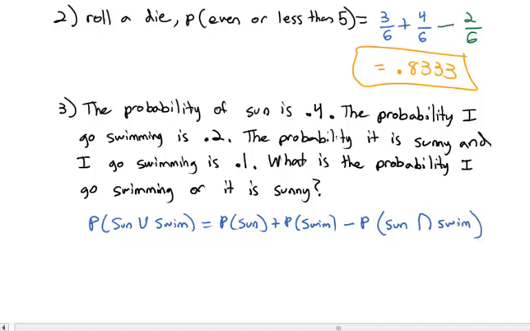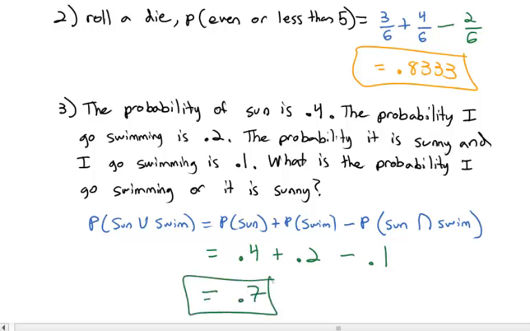So the sun probability is 0.4 plus the swimming probability of 0.2 minus the both probability of 0.1. That is equal to 0.7. There's a 70% chance that I will go swimming or it will be sunny on this given day.